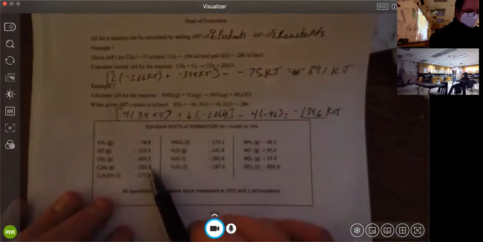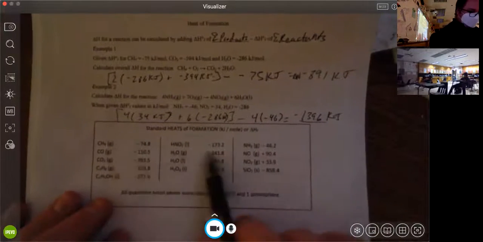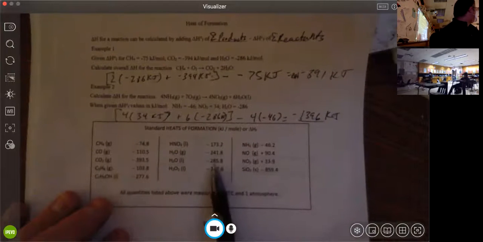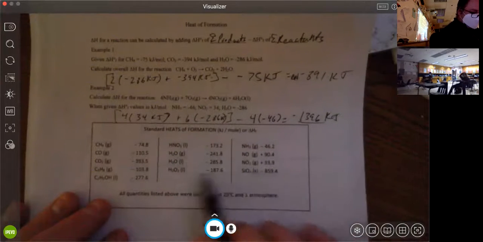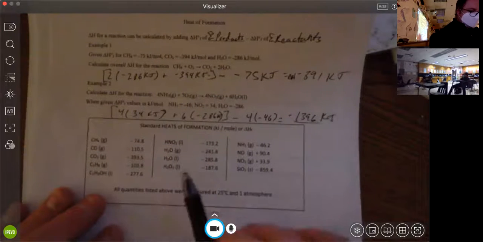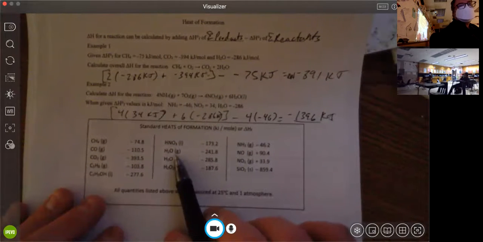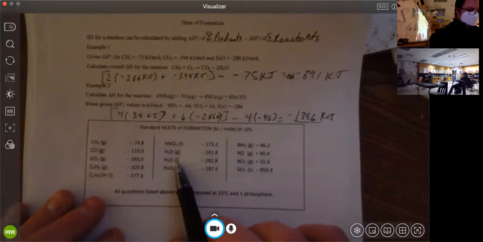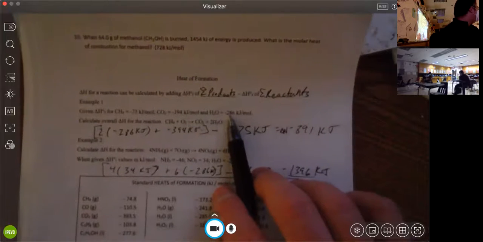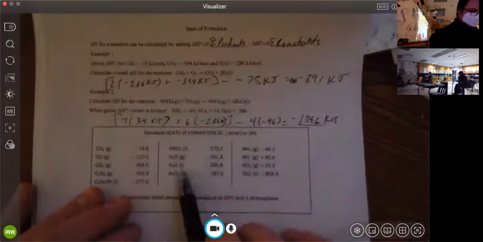This is a standard heat of formation table. You will be given this. Obviously, again, as you look, there are no elemental forms on there, but there are some tricks. Here we have H2O gas. Here we have H2O liquid. Strangely enough, a lot of times whenever they talk about combustion, I've noticed they actually use the liquid.